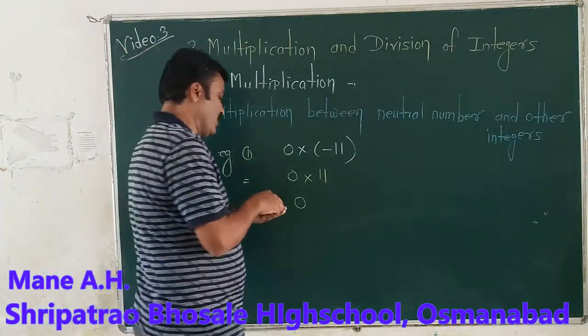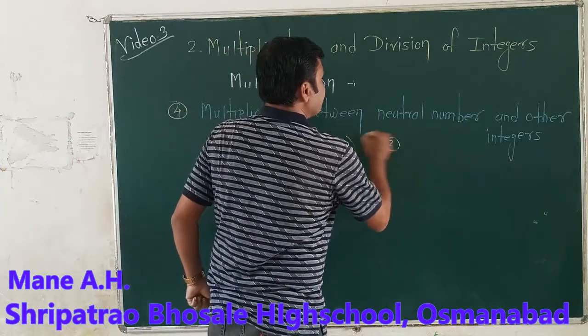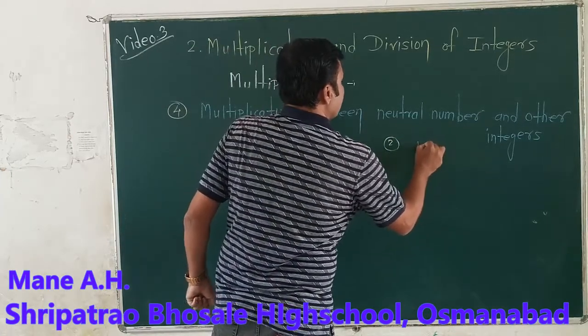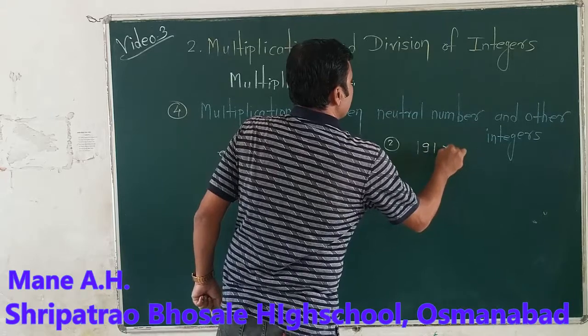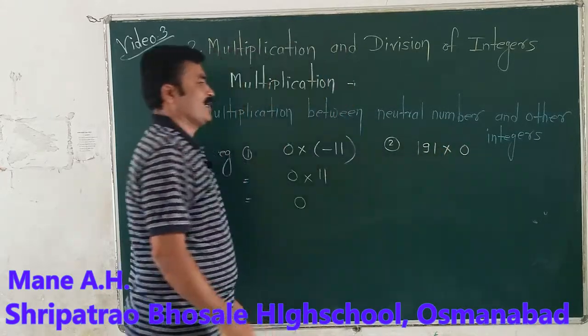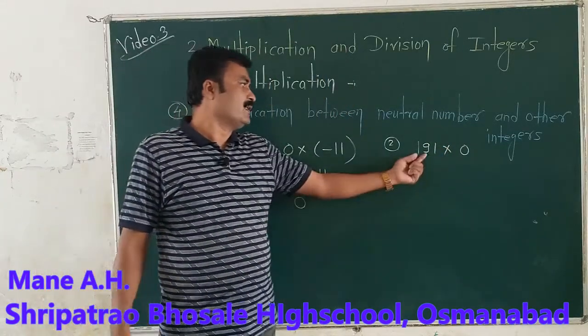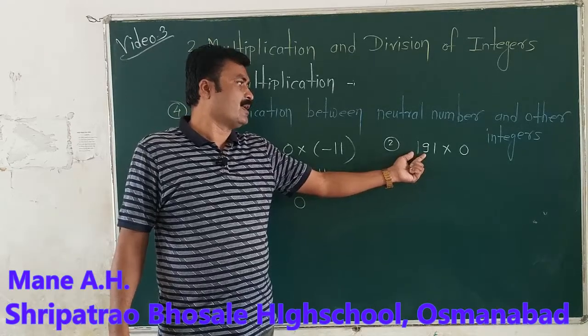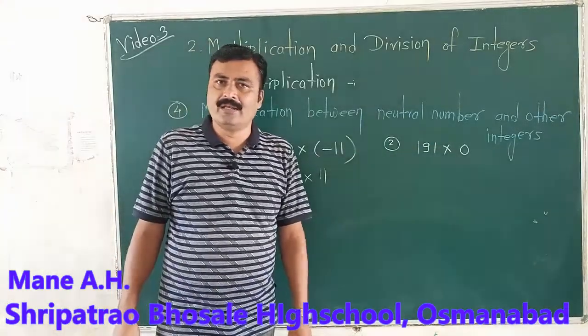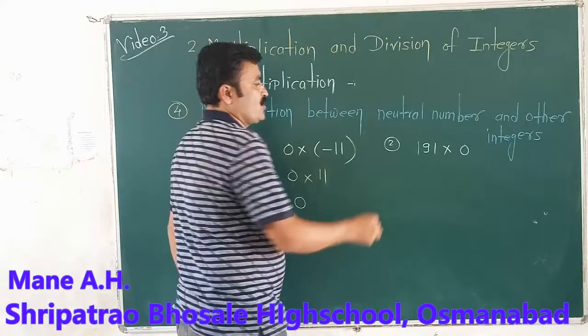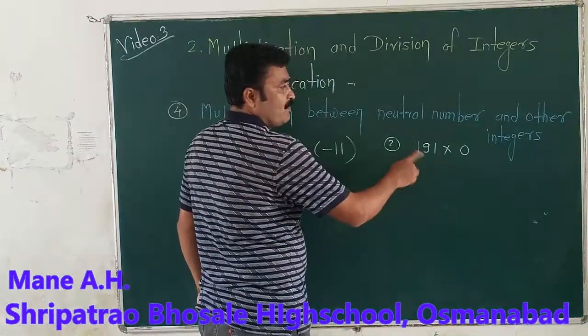Now let's take another example in front of you, that is 191 into 0. So 191 is a positive integer and 0 is a neutral number. So while taking the product here, let's take the magnitude of both integers.